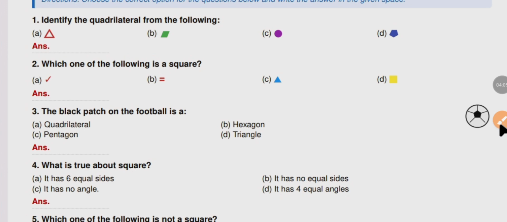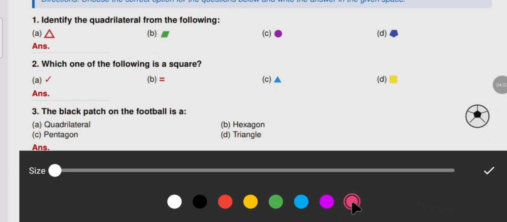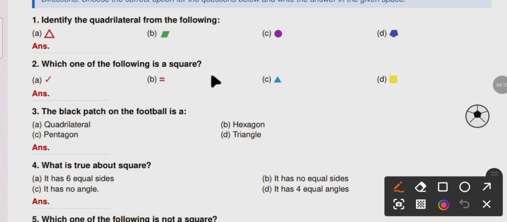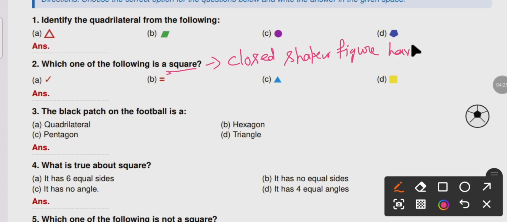Which one of the following is a square? First of all, what is a square? A square is a closed shape, or we can say a closed figure, having 4 equal sides.